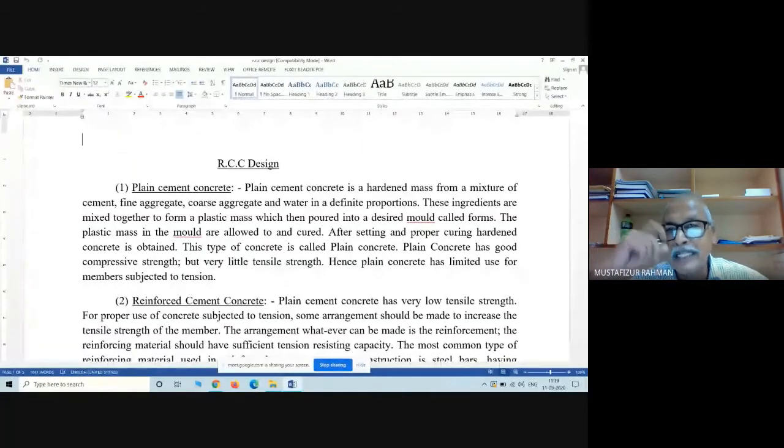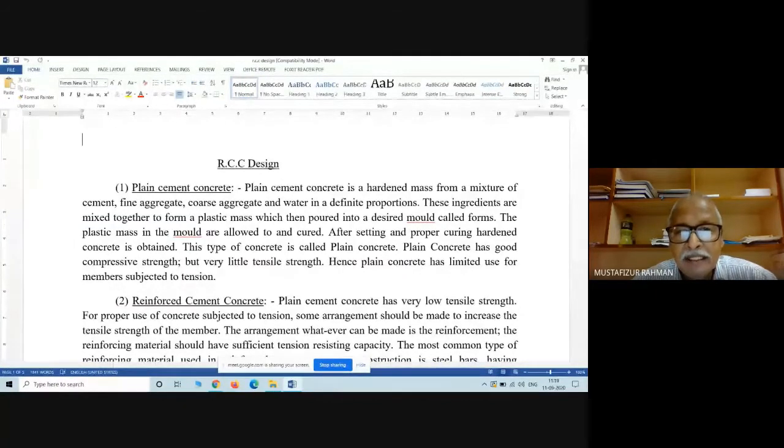But when you mix them with water and allow to cure, after 28 days in the tank, you will get some strength. What type of strength will we get? We will get compressive strength, we will get tensile strength, we will get torsional strength.